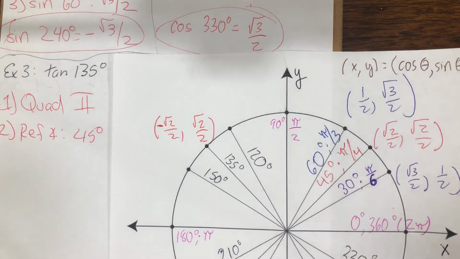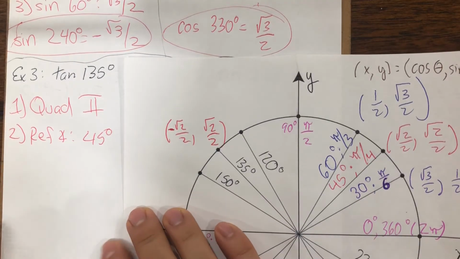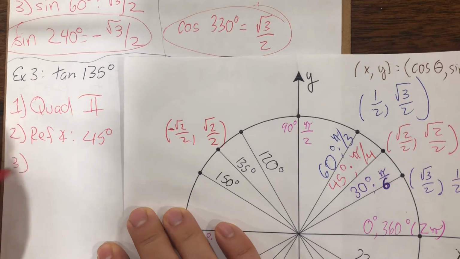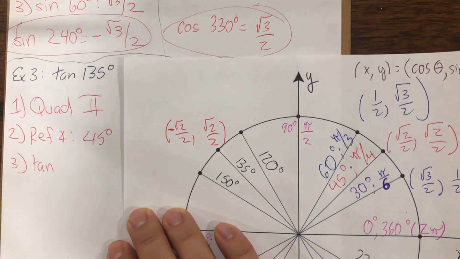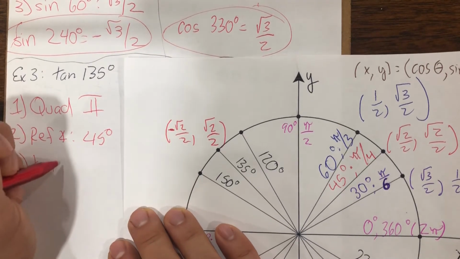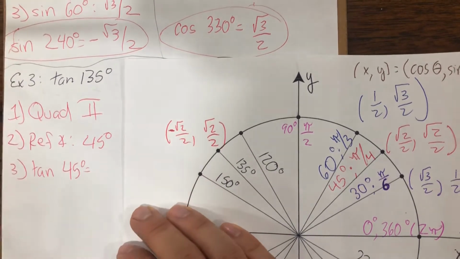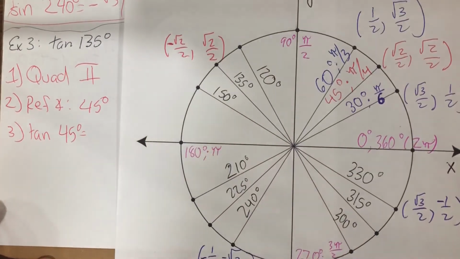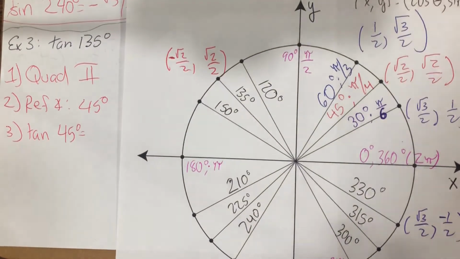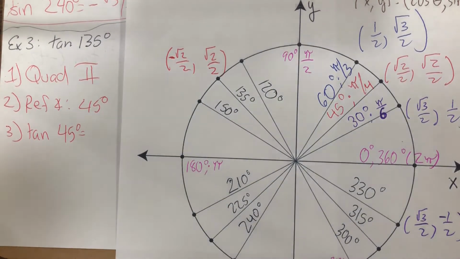All right. So now for tangent, when evaluating tangent of an angle measurement, what we do is we take the x and y coordinates and divide them to each other. So what that means is that I take my y value and divide it by the x coordinate.